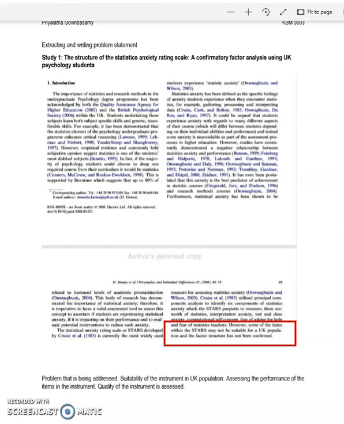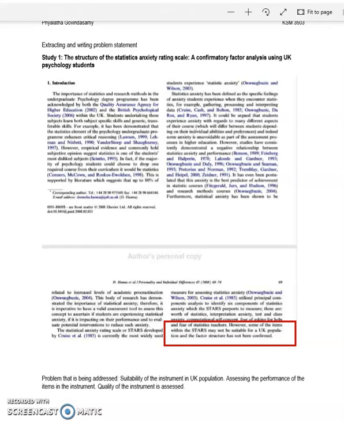In order to study my problem, I would like to see what problems have been studied by other researchers using this statistical anxiety rating scale instrument.